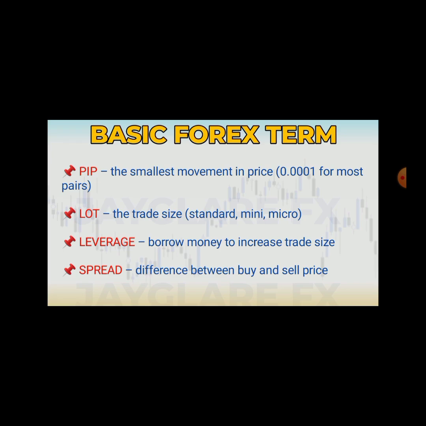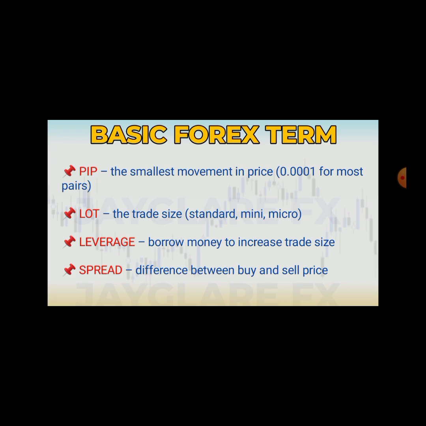The smallest measurement of time is seconds. So when I tell you that 1 second just passed, that's a small time. But when I say 1 hour just passed, that's a big time. So the way to measure the price of market movement is actually in pips.